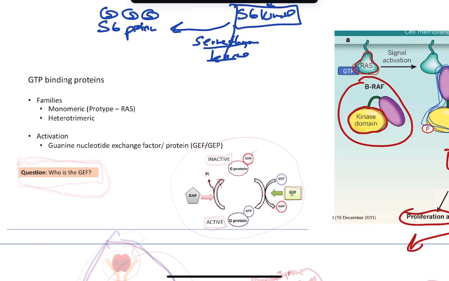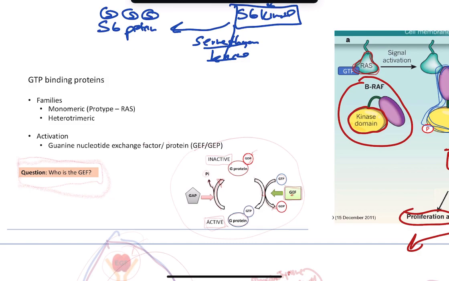Okay. So remember we talked about the different types of monomeric and heterotrimeric, right? We have the heterotrimeric family. We're going to see those heterotrimers in our GPCRs, our G protein coupled receptors, the alpha beta gamma subunit. Here, RAS is going to be monomeric, right?